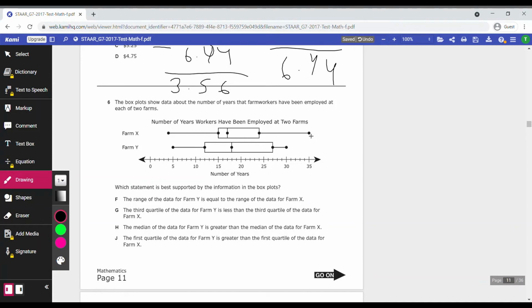So this is the range of the data from farm X. Farm X is 35 minus 4, which would be 31. That's the range of the data, so the range is 31 for farm X. And then farm Y, 30 minus 5, which would be 25.